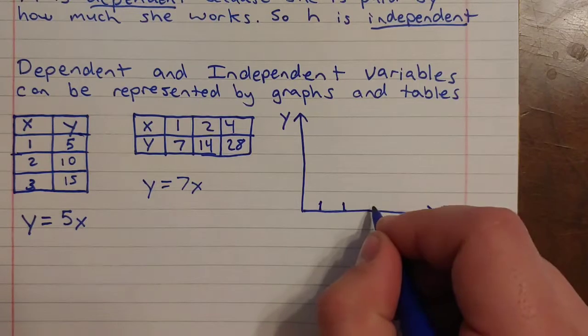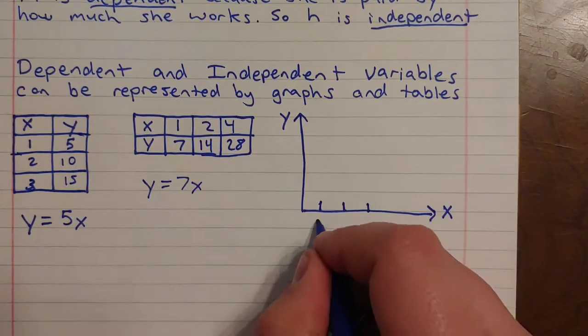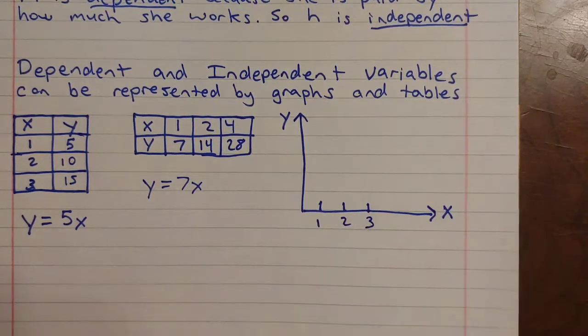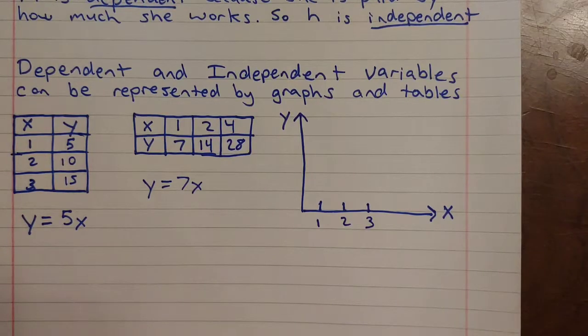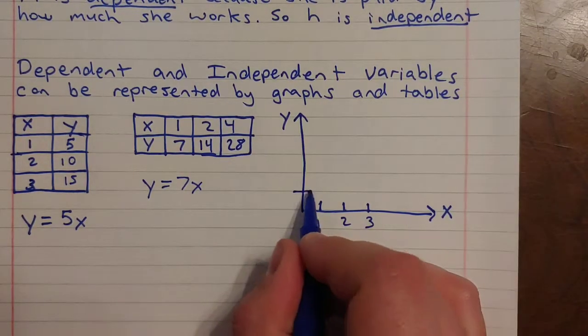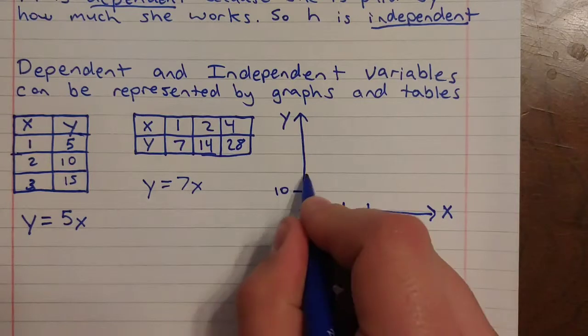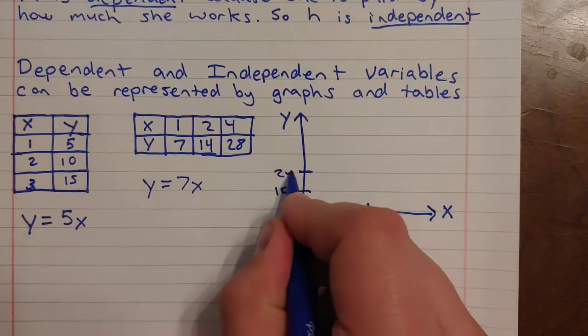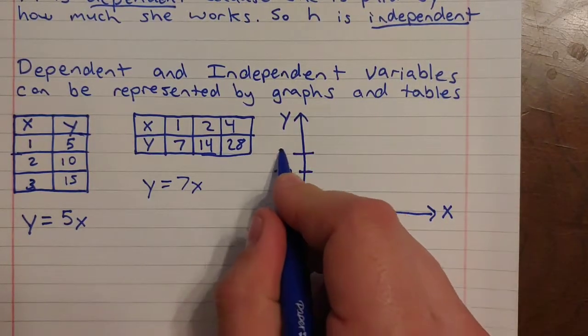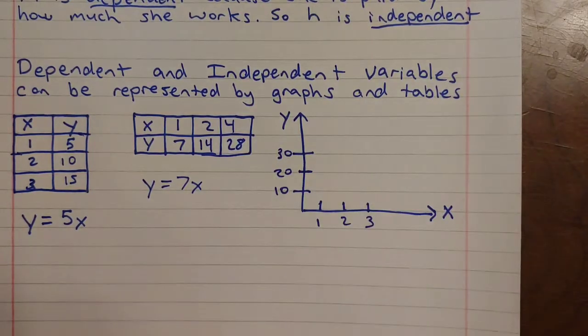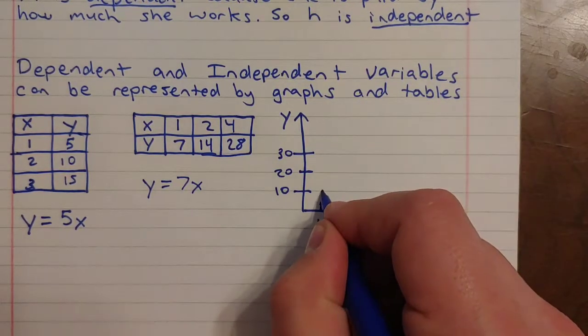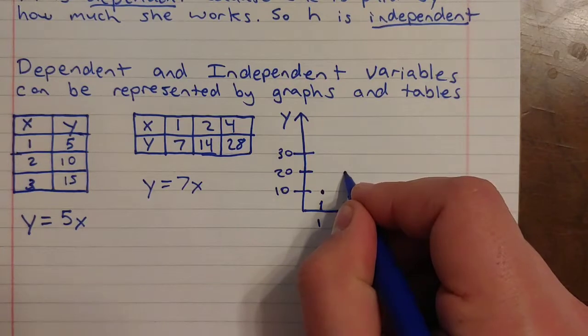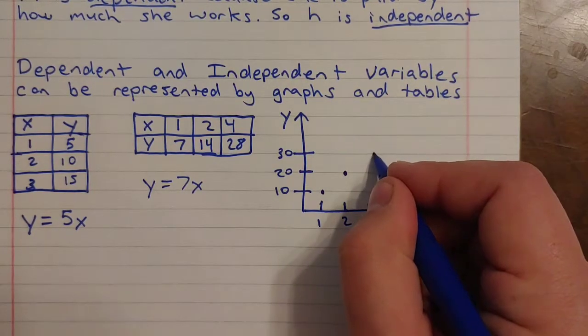So let's say this is 1, 2, and 3. We'll call this one 10, 20, and 30. For 1, I'm going to plot this point, 2, this point, 3, this point.